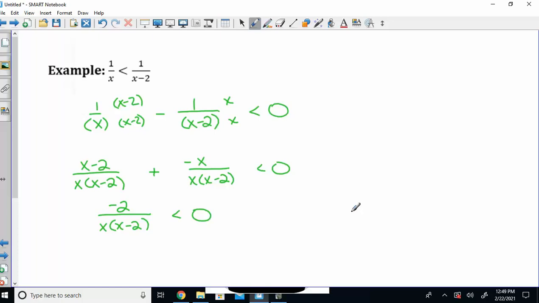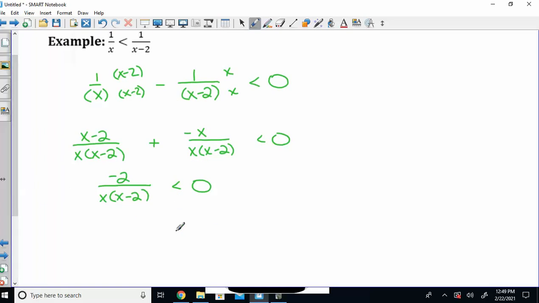See it, Carla? From here, does the top ever equal 0? No. What about the bottom? 0 and positive 2. So we have to check both.